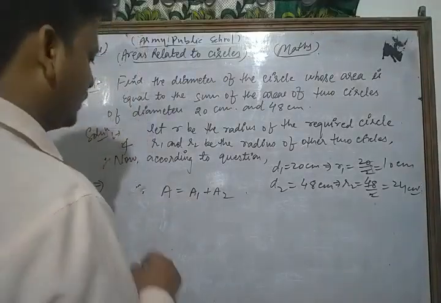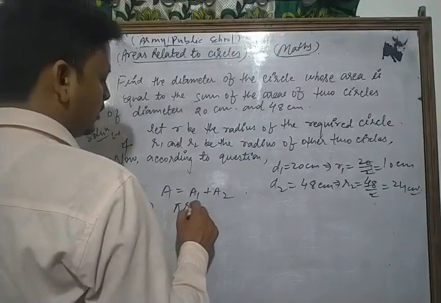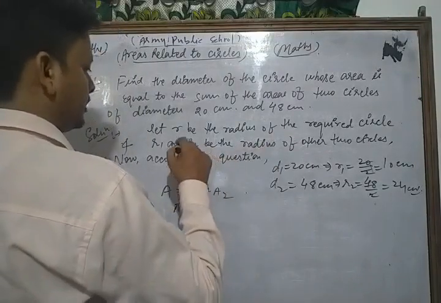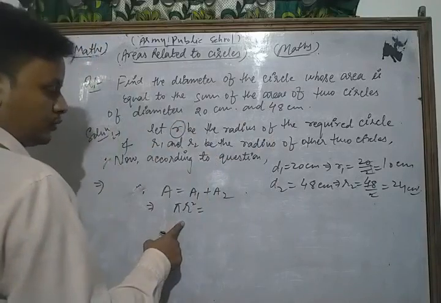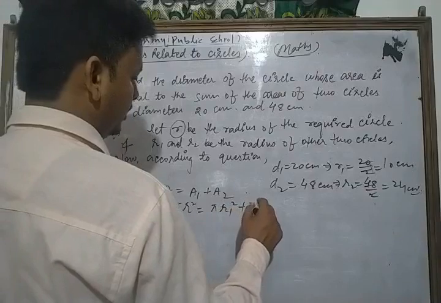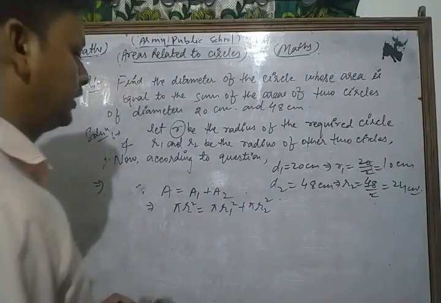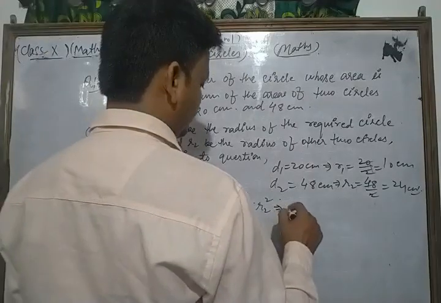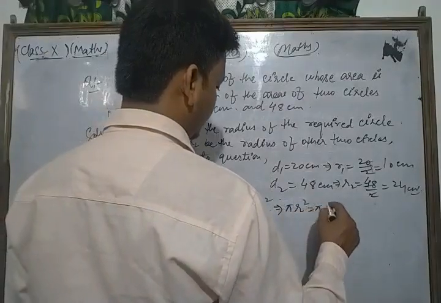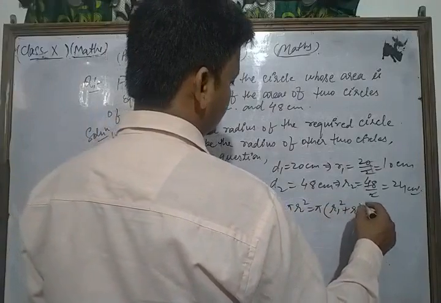Okay, now look, the area of the required circle is pi r square, because we find the radius of the required circle as r. So here we write pi r square, and here pi r1 square plus pi r2 square. Now we take pi as common, so pi r square is equal to pi times r1 square plus r2 square.